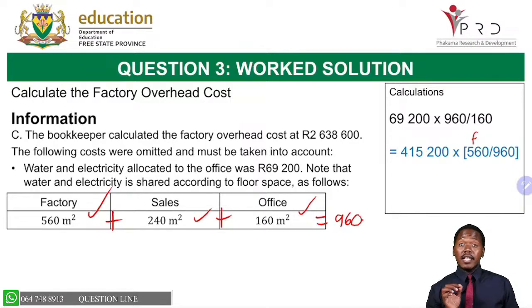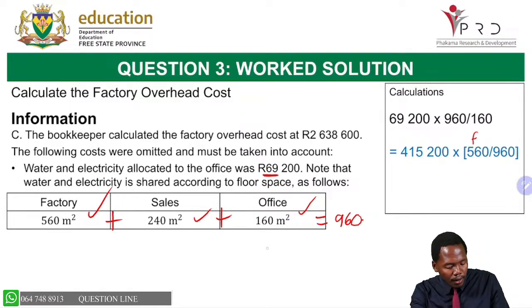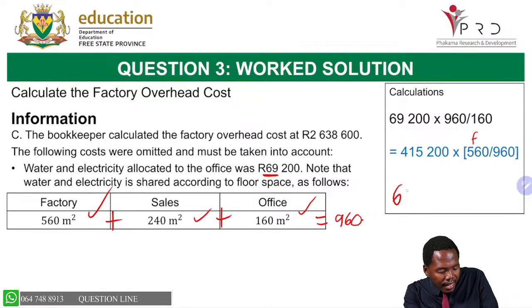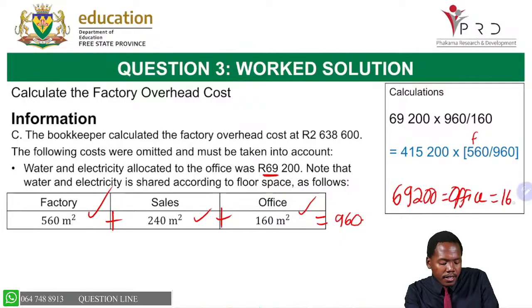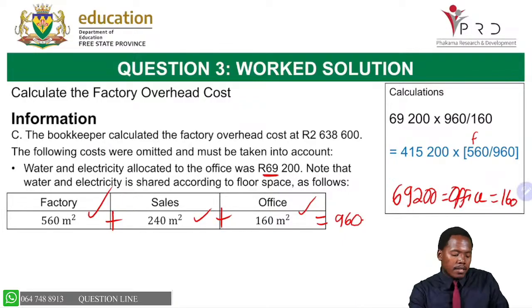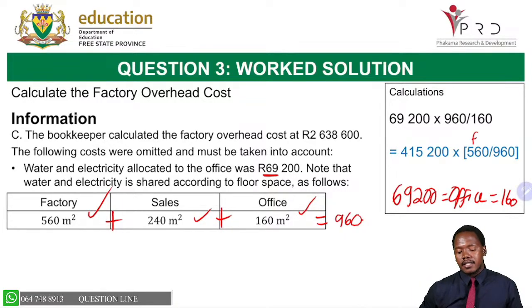I must first find the total. Remember, the 69,200 is the office one. Remember, 69,200 belongs to the office. What is the ratio for office? The space for office is 160 square meters.